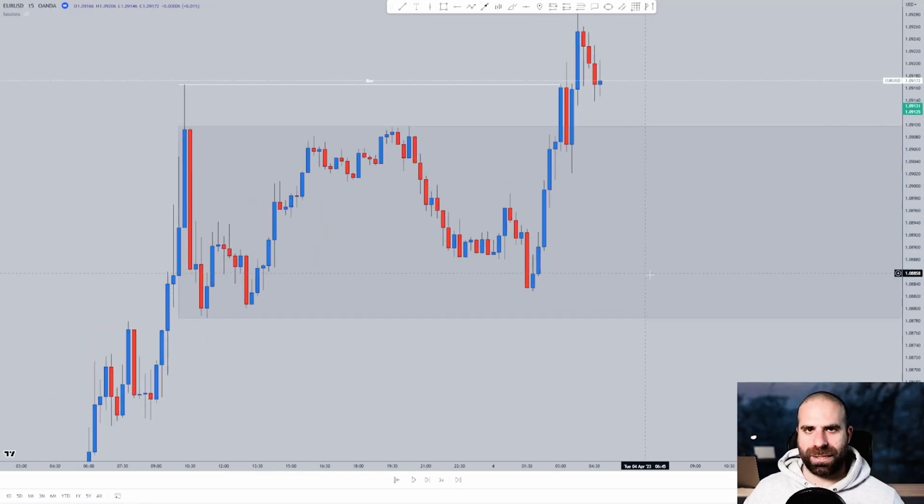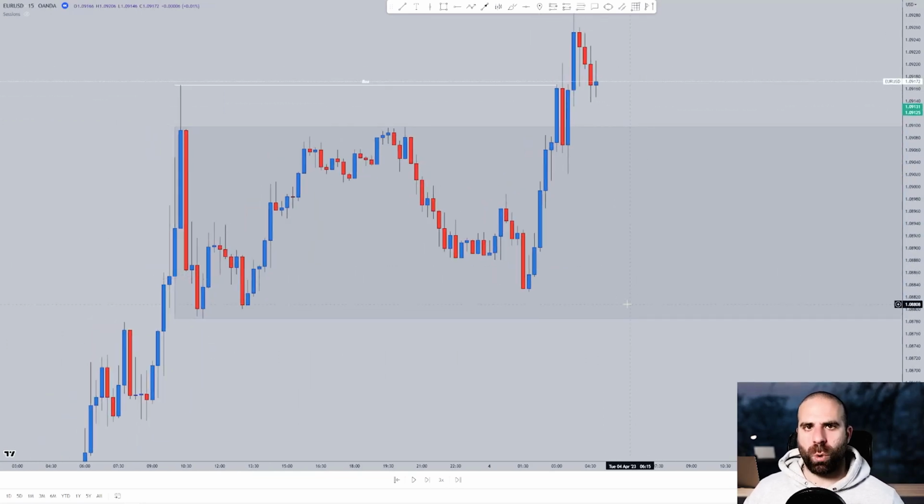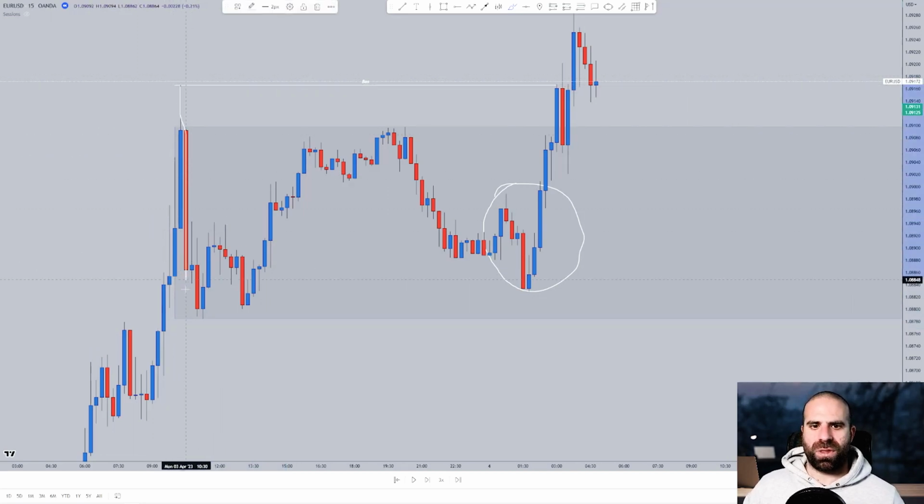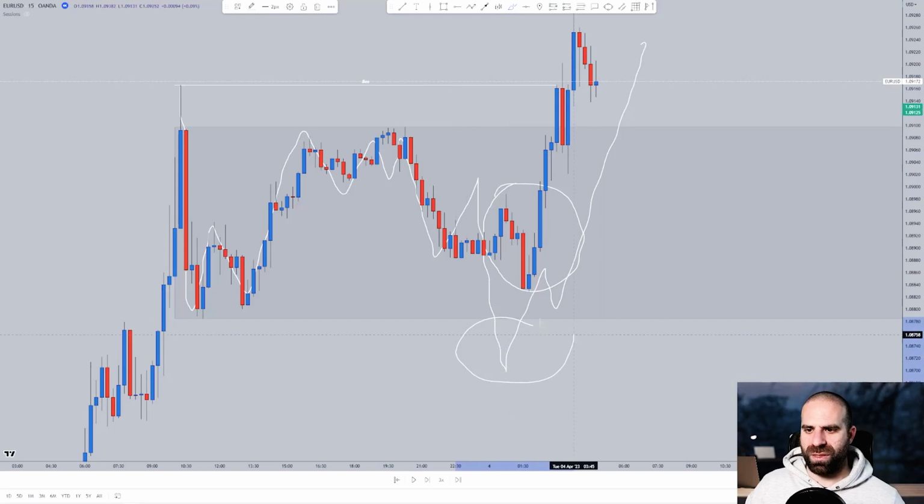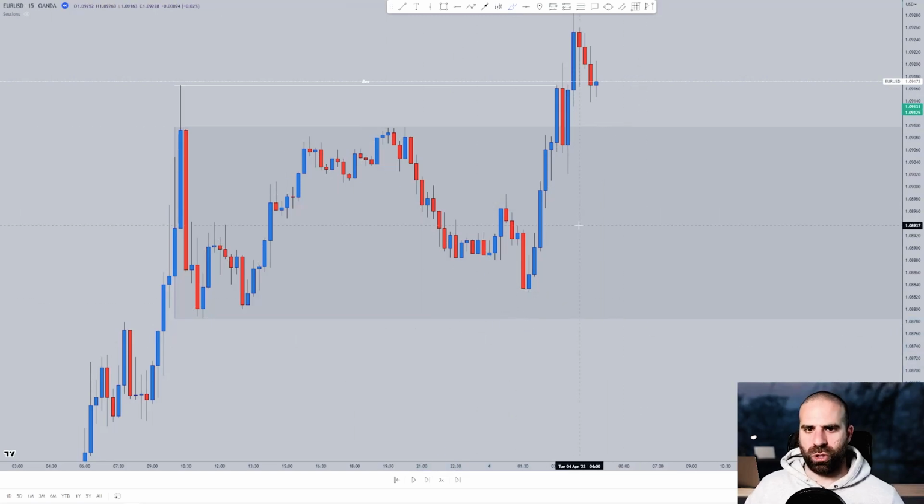I will repeat myself, for those who haven't watched part 1. We want this last untested part to be the lowest part of the retracement. This means that we would like this part to be lower than this part, because the retracement starts from this week. From this week, we would like to see an untested part, which would be this one, and then we would go.